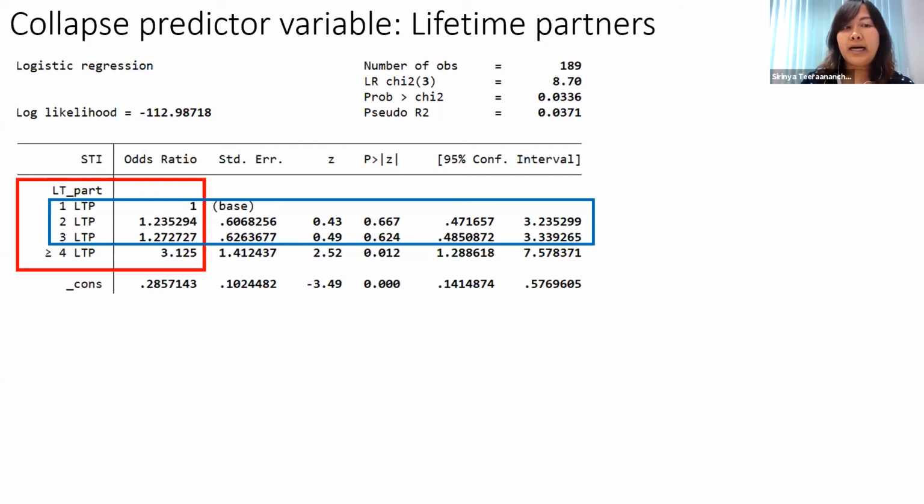So we try to combine these groups and classify this variable into just 2 groups: less than 4 lifetime partners, and 4 or greater than 4.